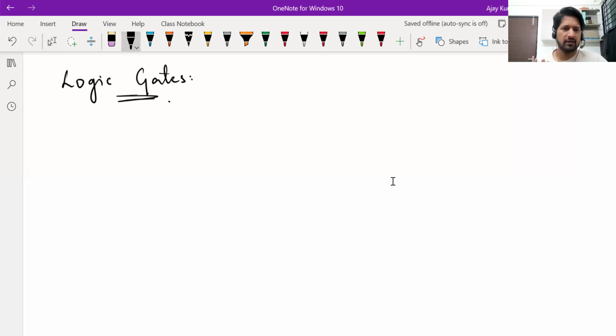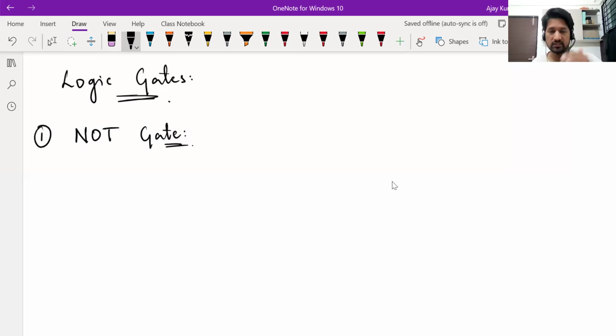Now, there are basically 5 types of logic gates, devices which give a particular output based on input. You just need to know for what input, what kind of output they produce. The first one is a NOT gate. These logic gates are all used in digital circuits, basically to make electronic devices.